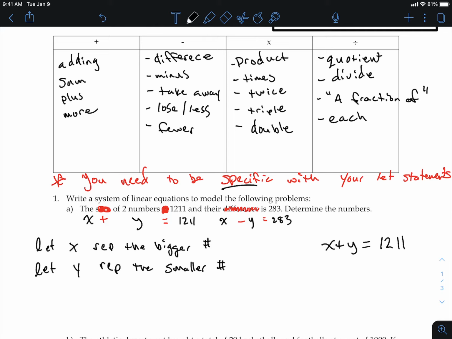Then in the second part here, it says, and their difference is 283. Okay? The other thing I try to do sometimes, when we get bigger word problems, is if you see a period anywhere in the sentence, to break it up for the question, I always draw a bar separating the halves of the question.